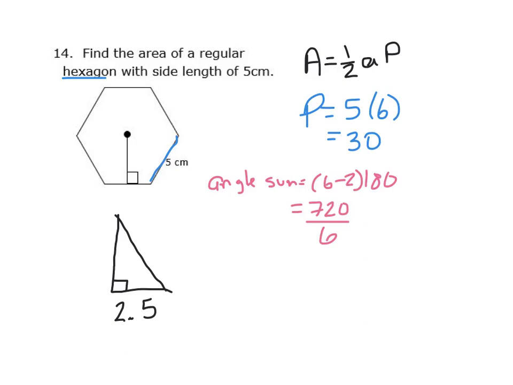That means each angle is 120. And then the apothem cuts the angle in half, making it 60 degrees. So it's a special right triangle. This is our x. We're looking for x square root of 3, which means our apothem is going to be 2.5 square root of 3.